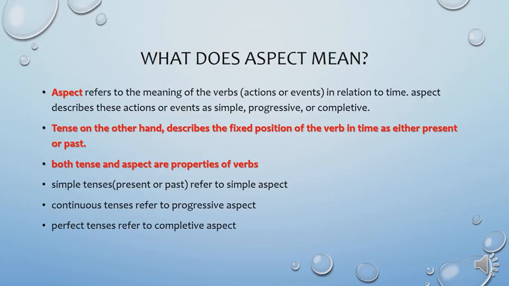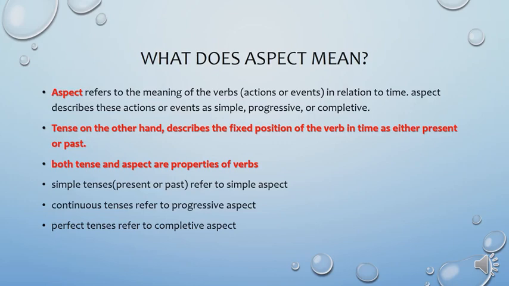So tense describes the verb as in present or past, because we have just two tenses in English, present and past. We don't have a future tense. We have future time, not future tense. So tense describes the fixed position of the verb in time, and we have just two tenses, present and past tenses.